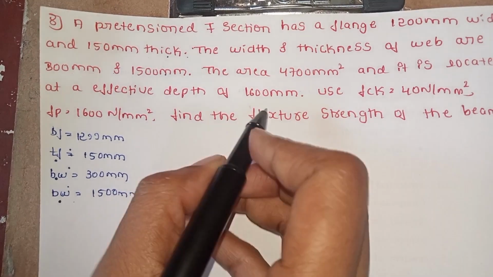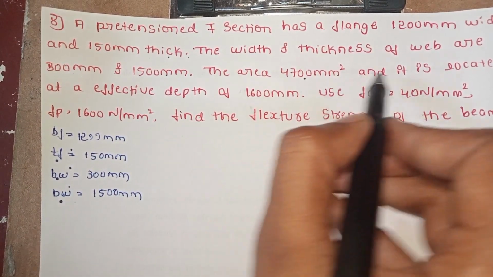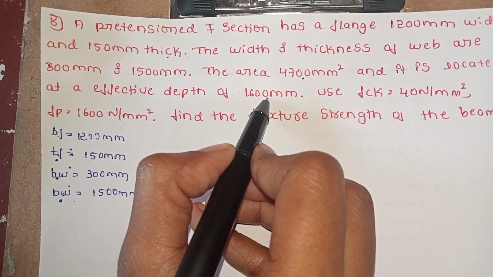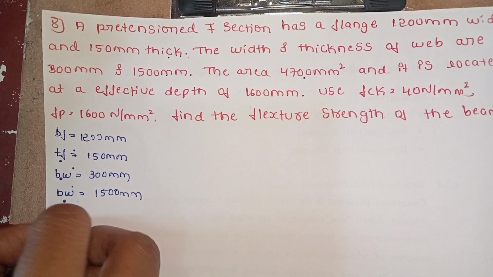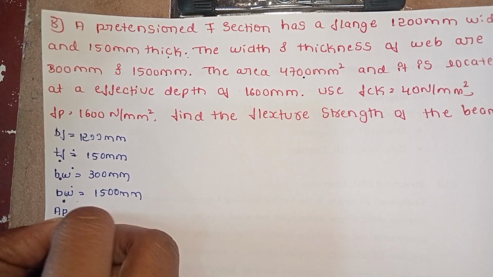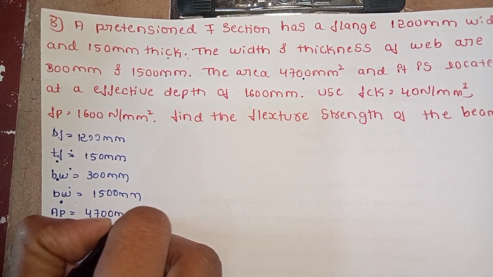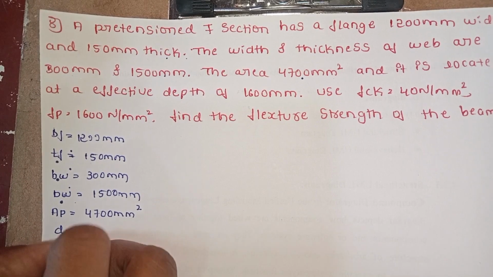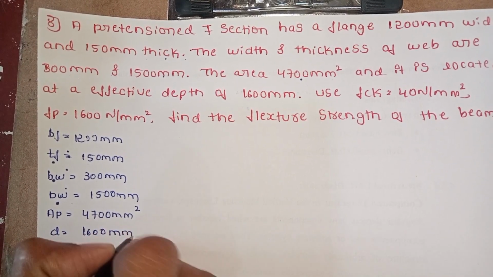Okay. Next, the area is 4700 mm square and it is located at an effective depth of 1600, means AP equal to 4700 mm square and effective depth, small d, equal to 1600 mm.